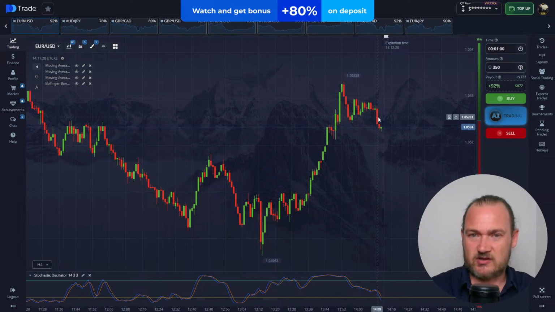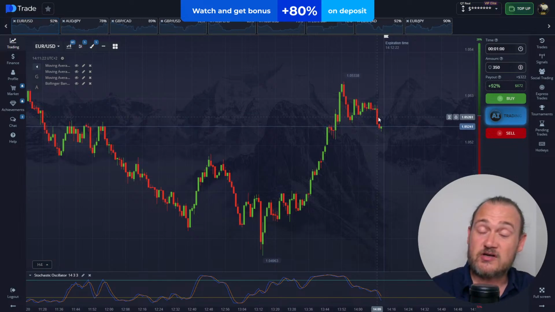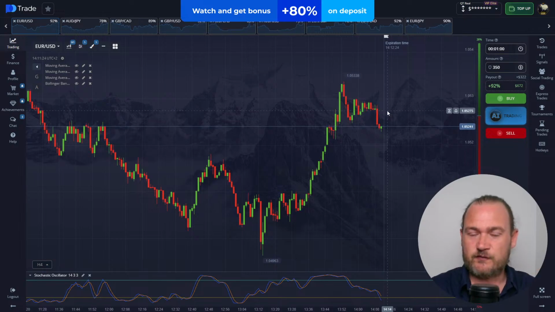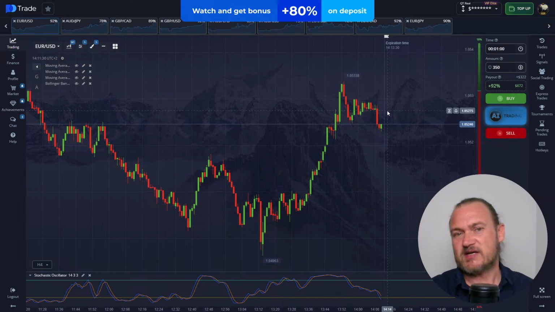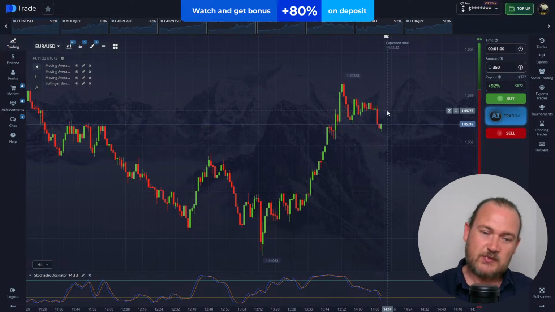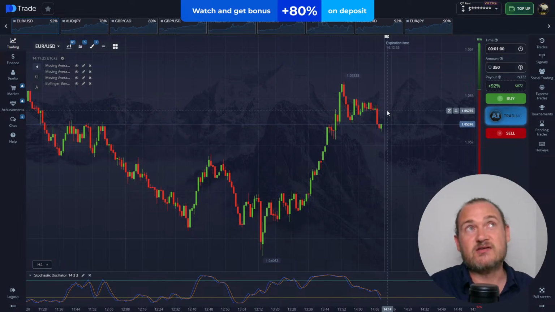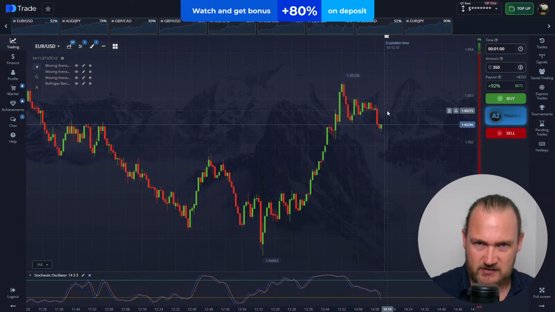But it's always a good idea to have one or two or three extra indicators just to confirm each other, to cross-reference. If two of your indicators give you the same signal, then you've got a higher probability of actually winning the trade.